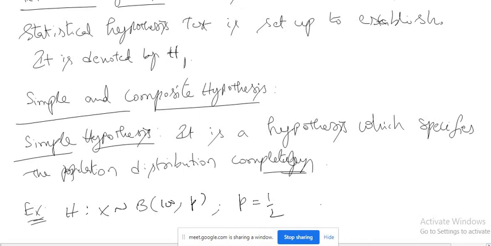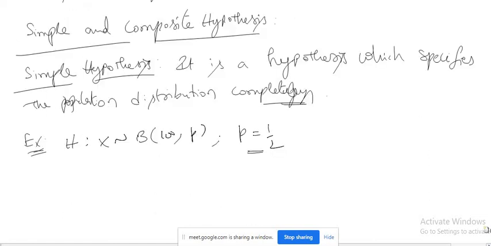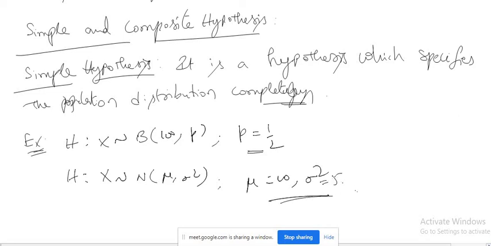That is a simple hypothesis. Or any other hypothesis: X follows N(mu, sigma square), say mu is 10, sigma square is 5. When the parameter equals some specific value, then we can say simple hypothesis.